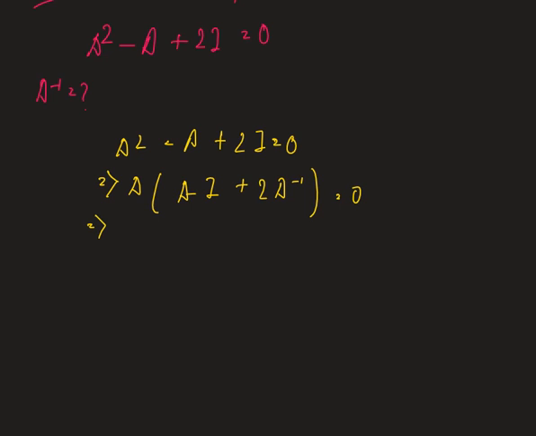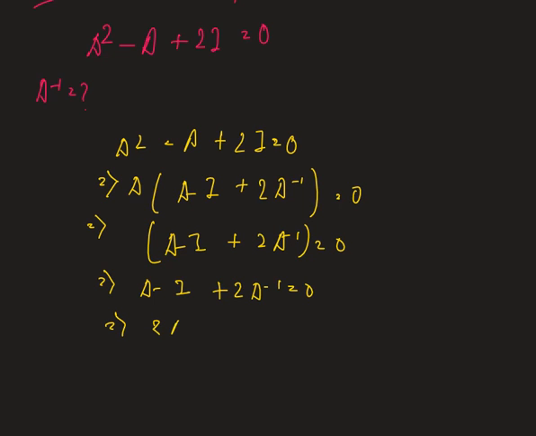Therefore, we can write A minus I plus 2 into A inverse equals 0. Therefore 2 into A inverse equals I minus A, and hence the answer is I minus A divided by 2. So the correct answer is I minus A divided by 2.